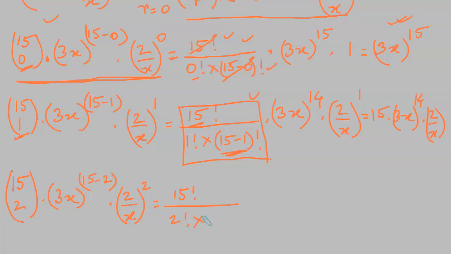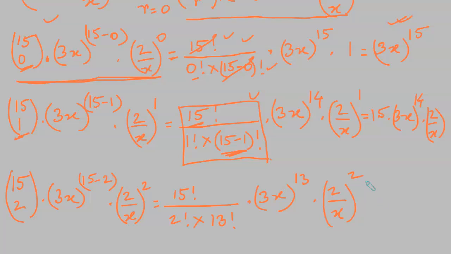15 factorial over 2 factorial times n minus r factorial, that is 15 minus 2, which is 13 factorial. I am writing 13 factorial too. So 15 factorial over 2 factorial times 13 factorial times 3x to the power of 13 times 2 over x to the power of 2.